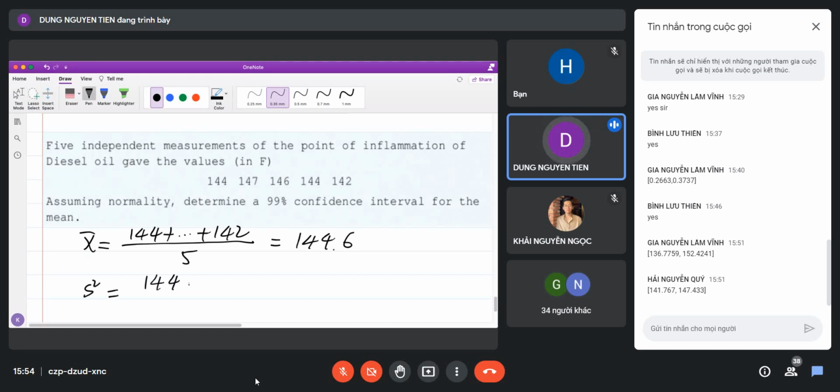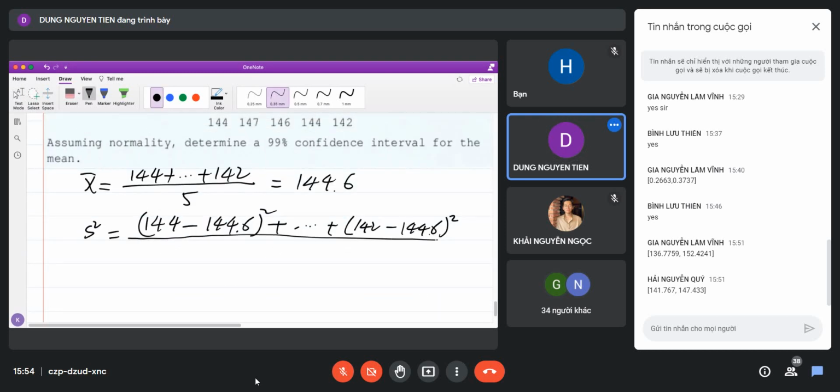Well, you get (144 minus 144.6) squared plus up to (142 minus 144.6) squared, divided by 5 minus 1. And what is that? You get 3.8.